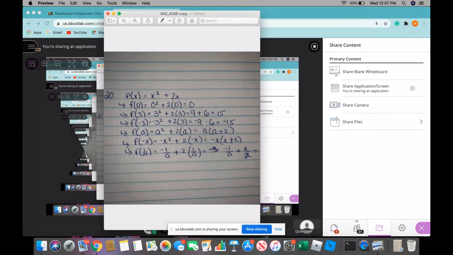Right, but I would like you to put parentheses around the first -3, so -3 squared. Next time, okay? So it will be negative 9 minus 6 equals negative 15. Now, what's -3 squared? -3 times -3 is positive 9.